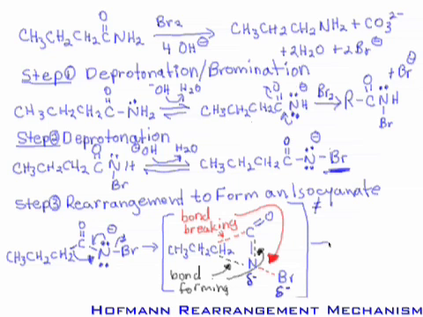So when we're done, what has happened? Well, obviously we've kicked out another bromide. Our R group, I'm going to use R, is our propyl. It's now attached to a nitrogen, which has a double bond to a C, which has a double bond O. So this R group is our propyl. Okay. And we've produced an isocyanate functional group. Well, having an isocyanate, we've now kicked out two bromides, so we've got our two bromides.